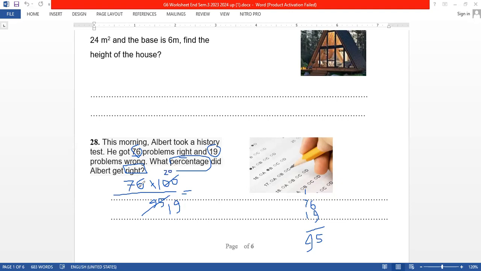Now simplify, 76 is divisible by 19. 19 divided by 19 is 1. 76 divided by 19 is 4. Now 4 multiply 20 equals 80. Because he asked about percent, you have to write the percent, 80%.